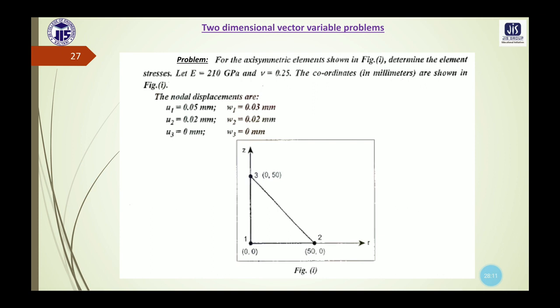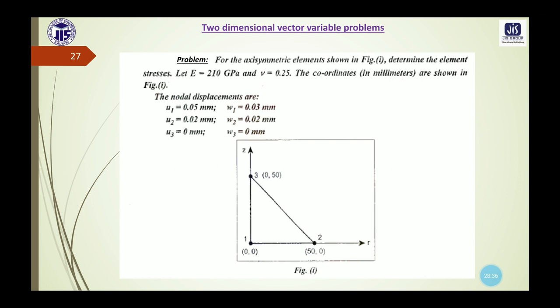Let us discuss the next numerical. Here, for the axisymmetric elements shown in this diagram, we need to determine the element stresses. The Young's modulus is given as 210 gigapascal, and the Poisson's ratio is given as 0.25.